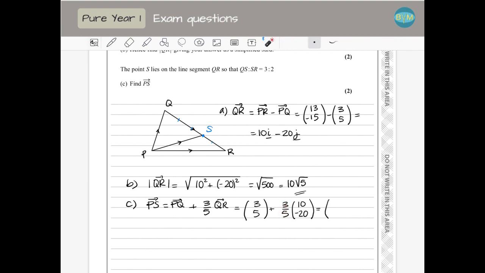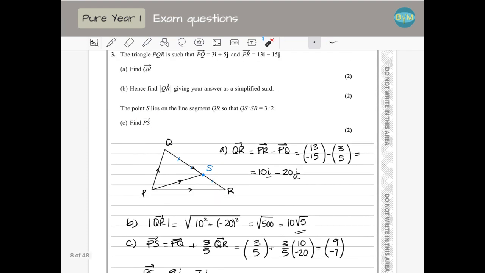Remember, this scalar gets multiplied by each component, so I have 3 plus 6, which is 9, and here I have 5 plus minus 12, so 5 minus 12, which is minus 7, and that's my vector. I can write it this way, or I can write it in the other notation. And that's what they ask. They don't ask for the magnitude. They ask for the vector. And that's all for this exam question.